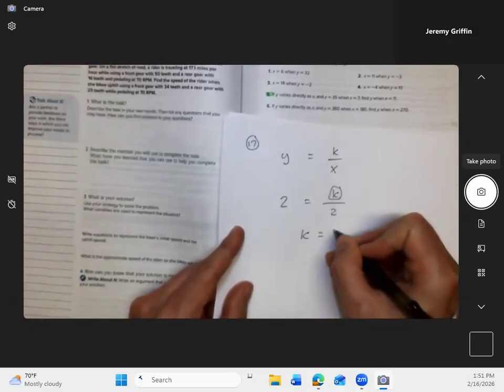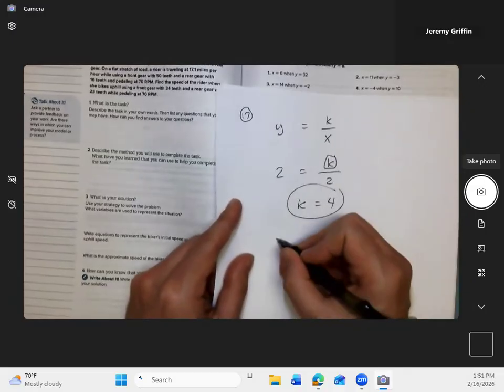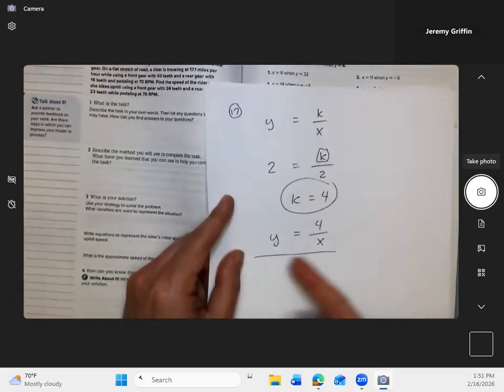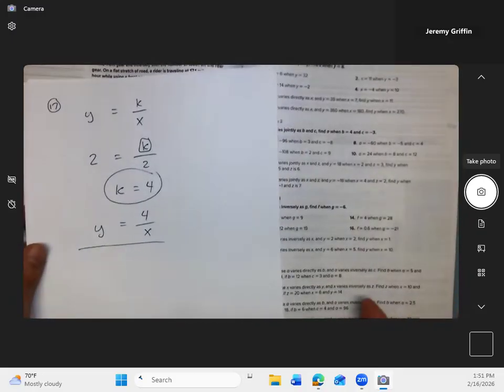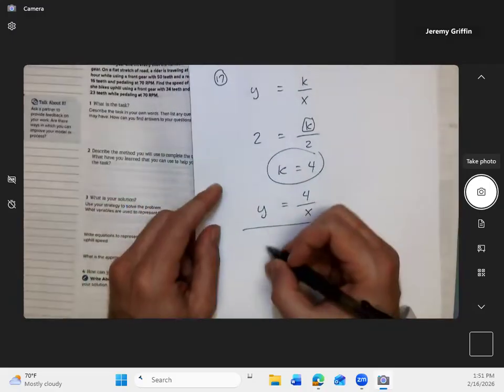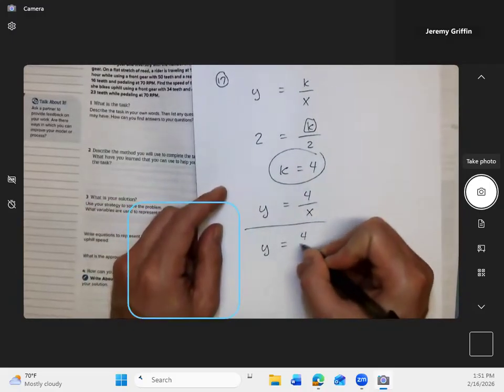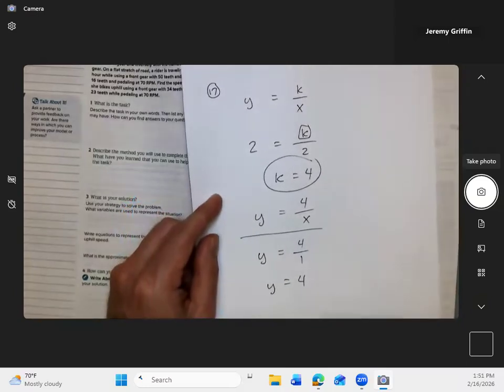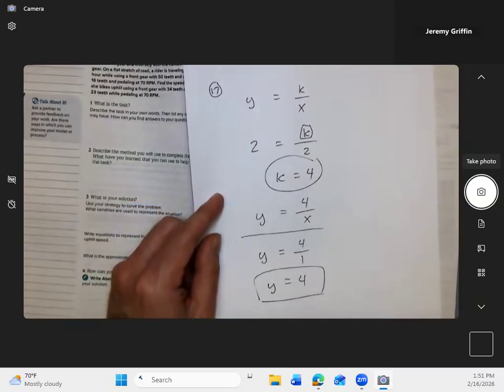Then k has to equal 4. So I can say y is always equal to 4 over x. Now I got this expression. Find y when x is 1. 4 over 1. Y is equal to 4. There it is. It's a little thing.